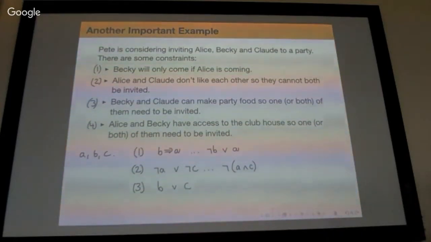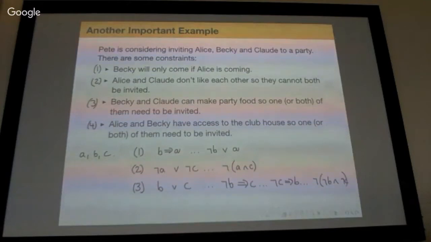Then you can rewrite everything. You could rewrite it as an implication in many different forms. You could say that if Becky is not coming, then Claude definitely must be coming. Or if Claude is not coming, then Becky definitely has to come. Or you could say that it cannot happen that Becky doesn't come and Claude doesn't come.